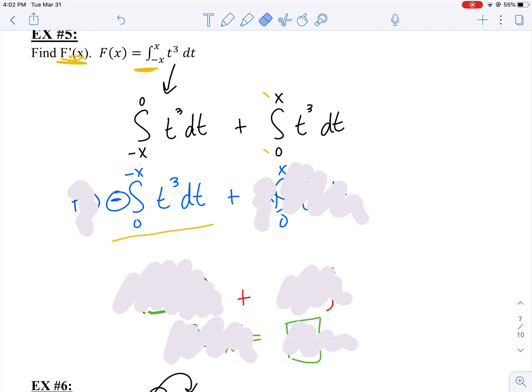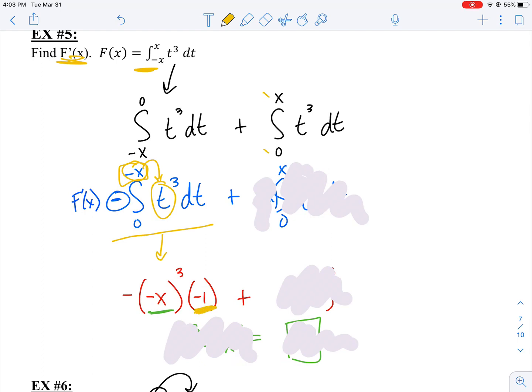If this is the antiderivative and I want to take the derivative, well, we know that the derivative of the antiderivative, using my fundamental theorem of calculus, says that I can plug this in to my variable, and then I just have to make sure that I multiply by the derivative of that upper limit. So that's what I have. I've plugged in my negative x into my variable.